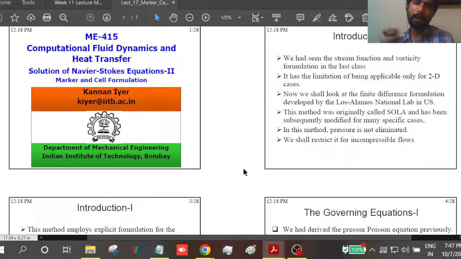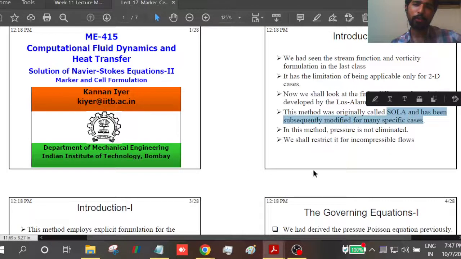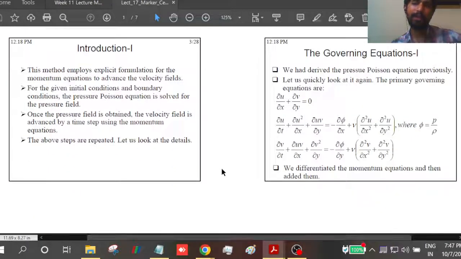But this marker and cell formulation, which is based on the finite difference method, can be applied for 3D flows also. It is just an extension of the SOLA algorithm, which we had seen in the previous weekly contents also. It is very similar to your vorticity stream function approach.